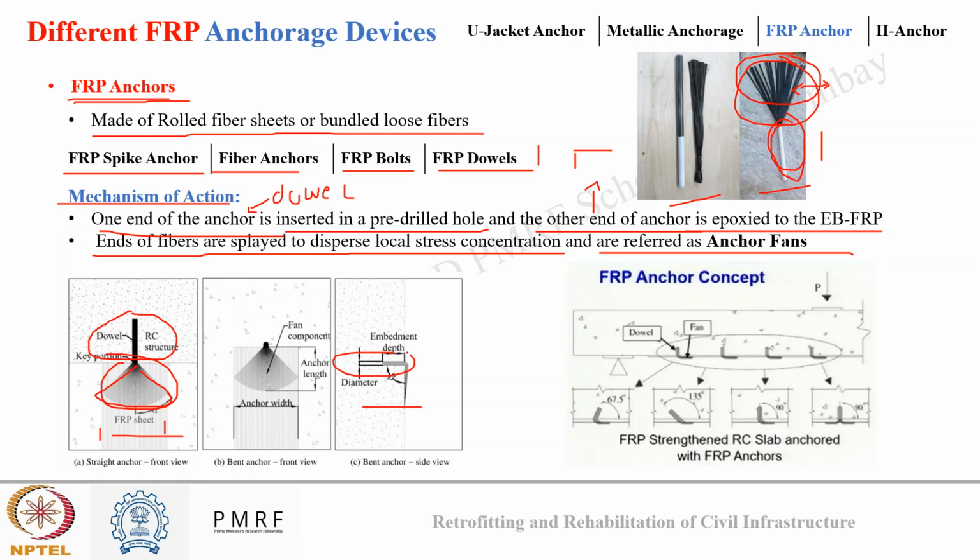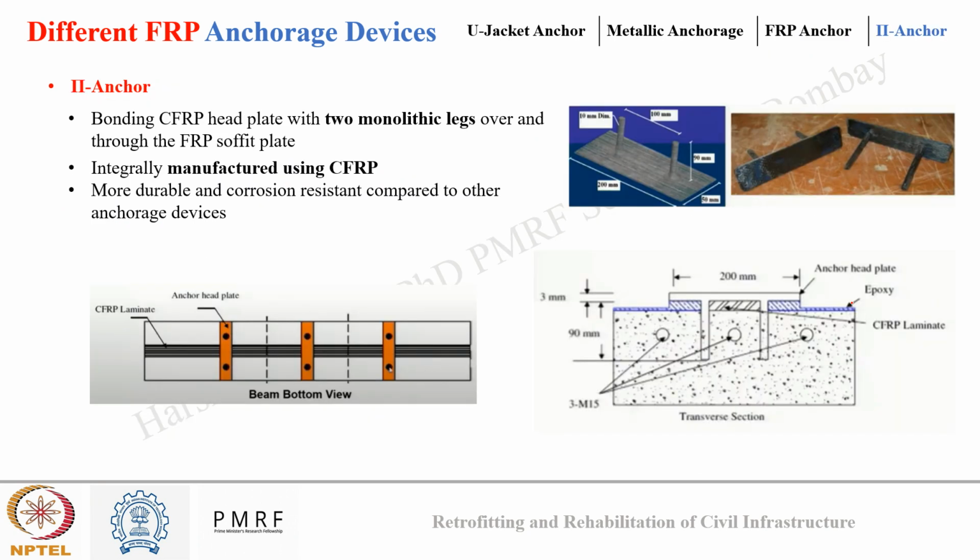This is the embedded length, and these are the fiber fans that are coming on the top and spreading. Okay, and here in this image you can see this can be applied in different types of geometry. Either 90-degree you can drill the hole, or even 45-degree, 60-degree, 135-degree. On both sides you can do the anchor fans, or on one side you can use the anchor fan. Okay, so there are different ways in which FRP anchors can be used.